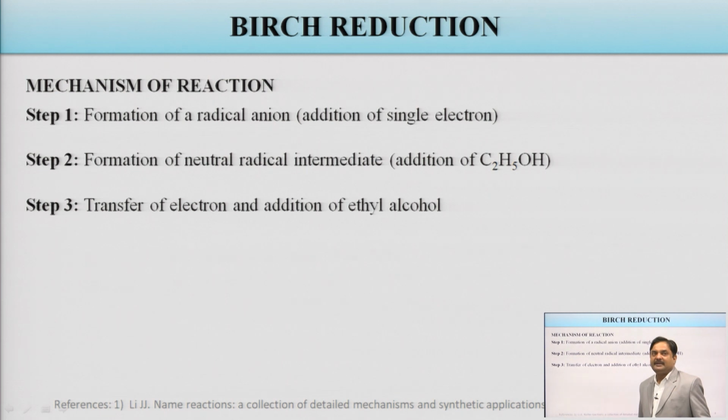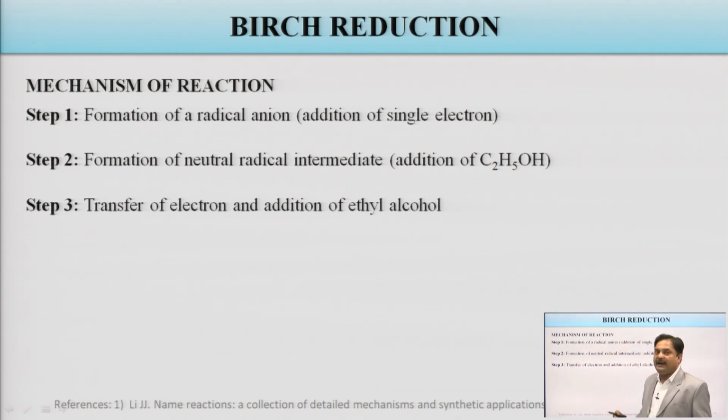Now, what is the mechanism of this reaction? This mechanism actually happens in 3 steps. In the first step, radical anions are formed. As I told you, the alkali metal has to provide an electron, so the alkali metal provides an electron to the aromatic compound. By accepting that electron, the aromatic compound is converted into the radical anion.